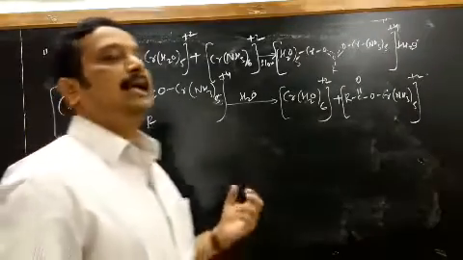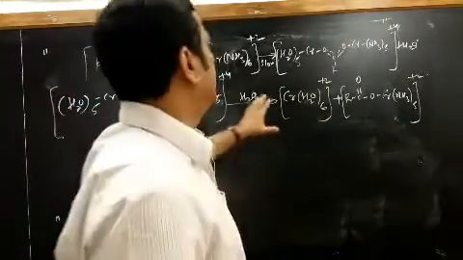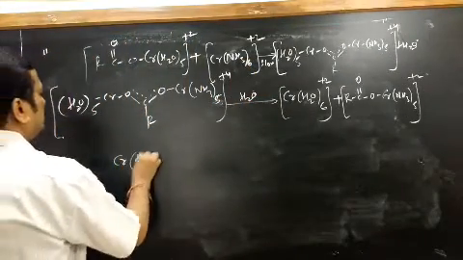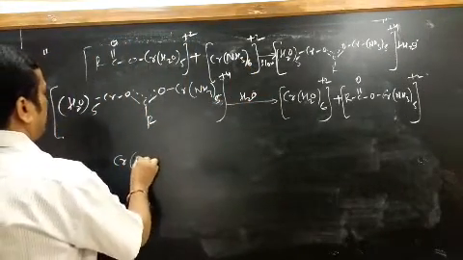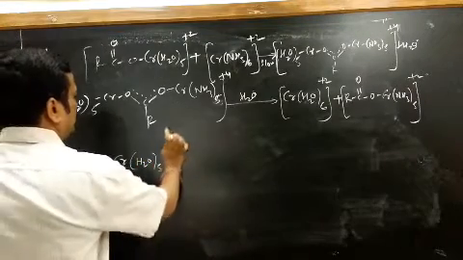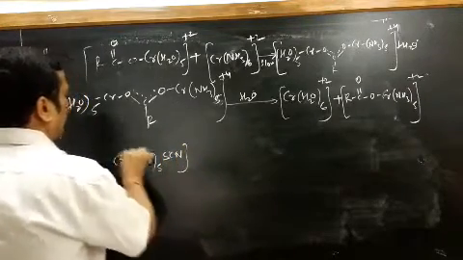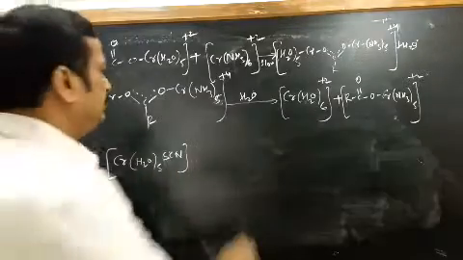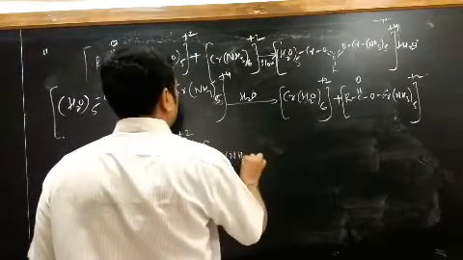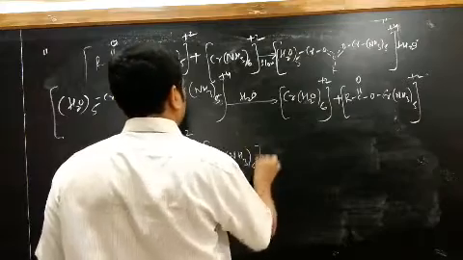How does this bridging ligand affect things? One more example I am going to take here: thiocyanate as a bridging ligand, and again the same thing, [Cr(NH3)6] 6 times.